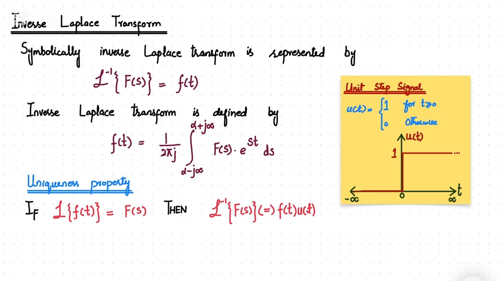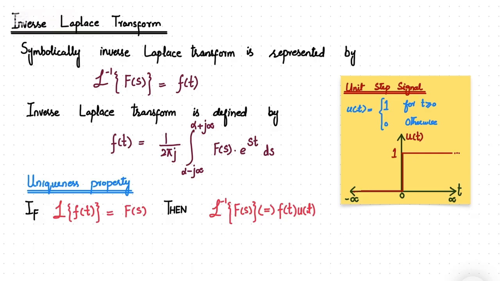Uniqueness property. The uniqueness property states that if the Laplace transform of f of t is equal to F of s, then the inverse Laplace of F of s is, this equal sign in parentheses. What does this equal sign in parentheses mean? It means equal almost everywhere.